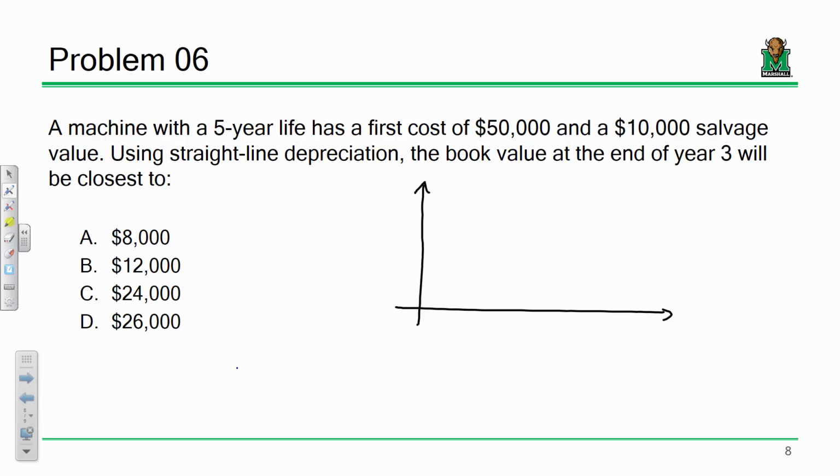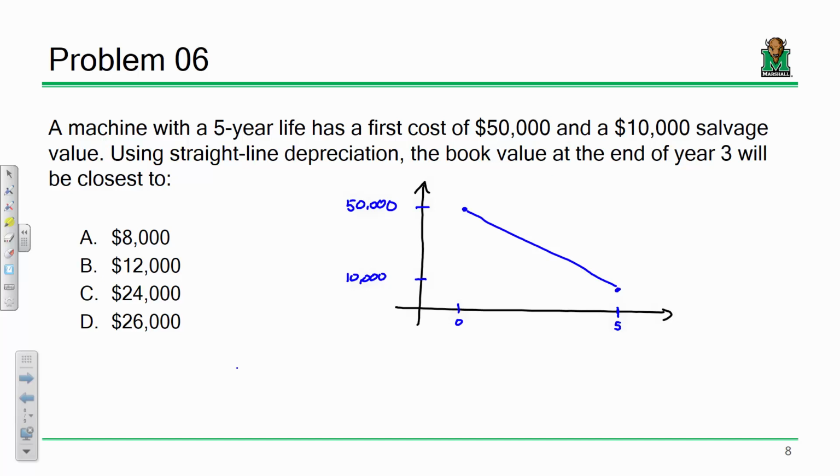In year 0, the book value is $50,000. In year 5, since it has a design life of 5 years, its book value is $10,000.